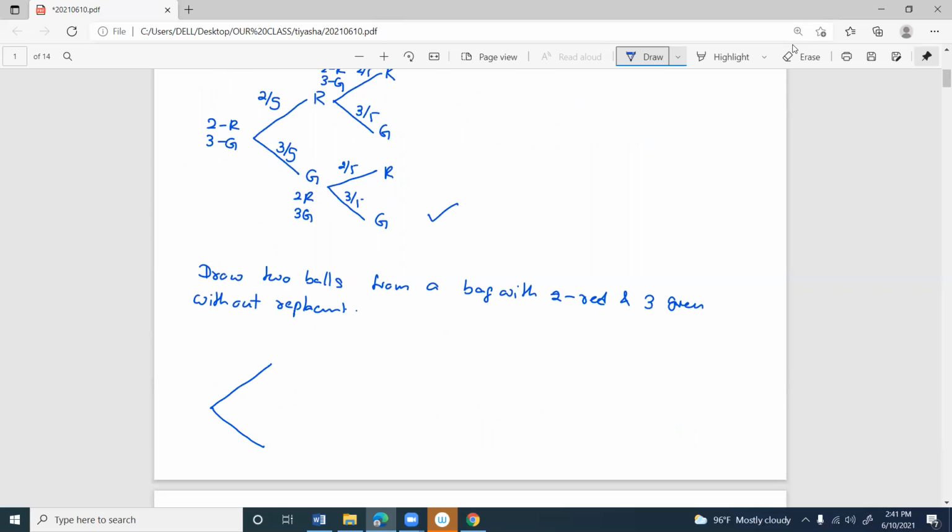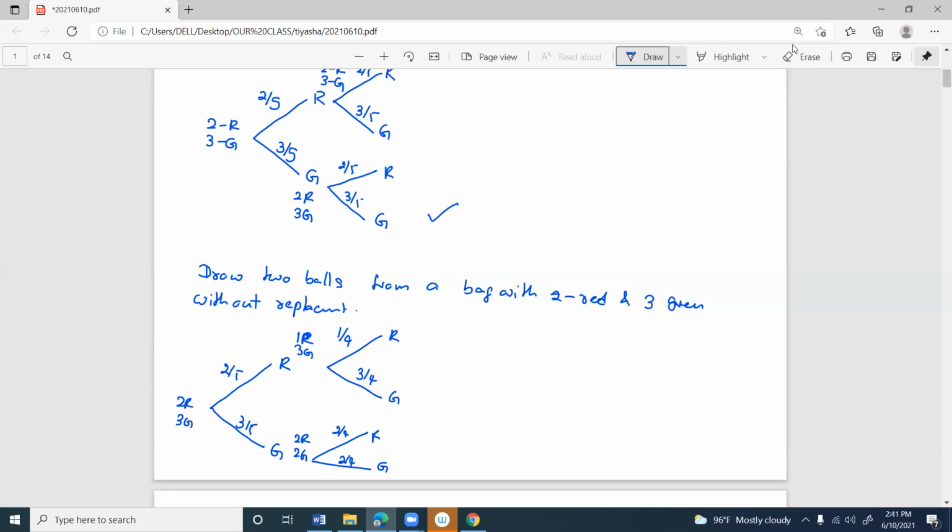We draw from 2 red and 3 green, so you can obtain a red ball or a green ball. This is 2 over 5 and this is 3 over 5. Then when you come to this point, a red ball is already taken. So there is only 1 red and 3 green. So from here we obtain the values 1 over 4 and 3 over 4. If you come across over here, it has 2 red and 2 green, so it is 2 over 4 and 2 over 4.